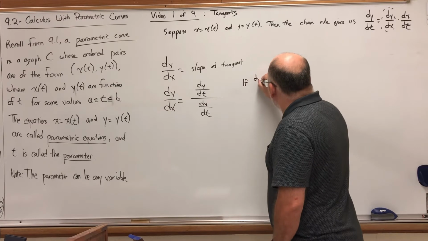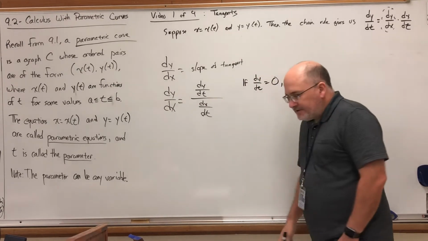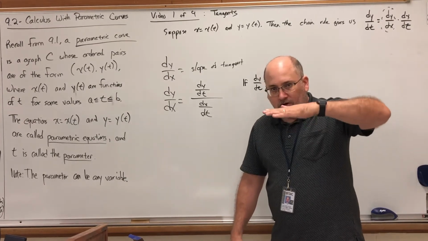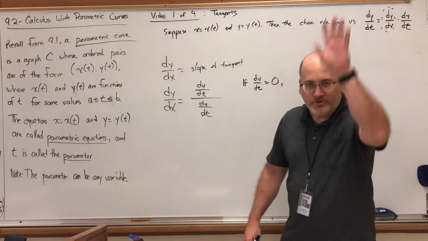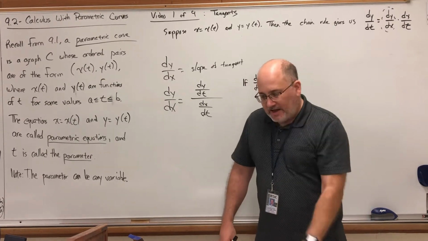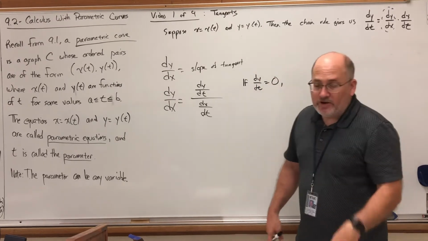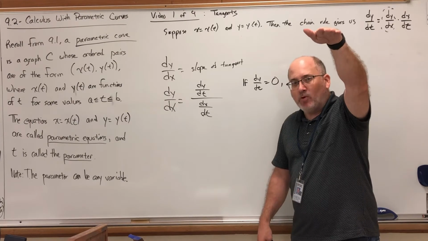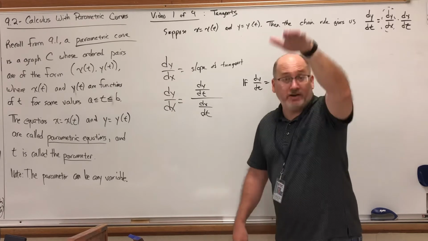For example, if dy dt equals 0, this means that our y-coordinate is no longer moving up or down. Think of a bouncing ball, and dy dt is measuring its velocity, because that's what a derivative measures. When would the velocity be 0? When you hit a high point, or when you hit a low point. Think of an oscillating sine curve.